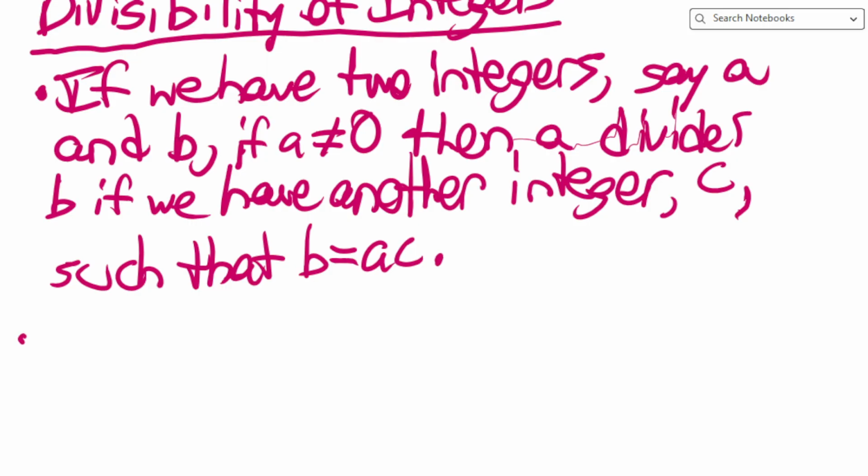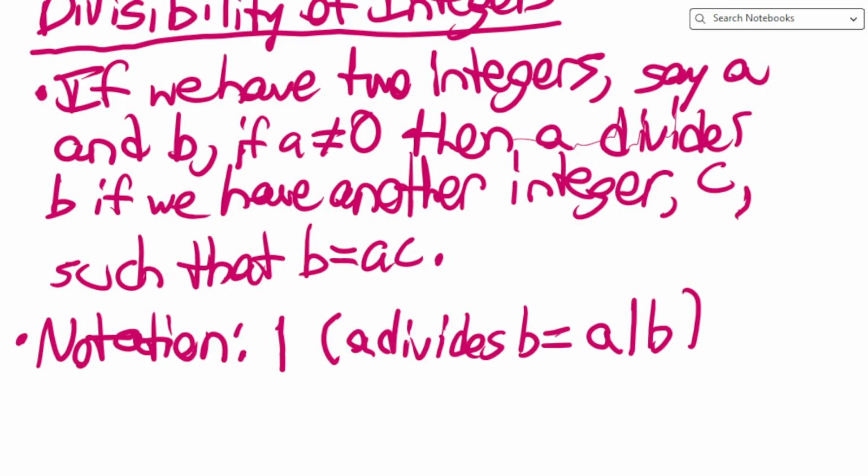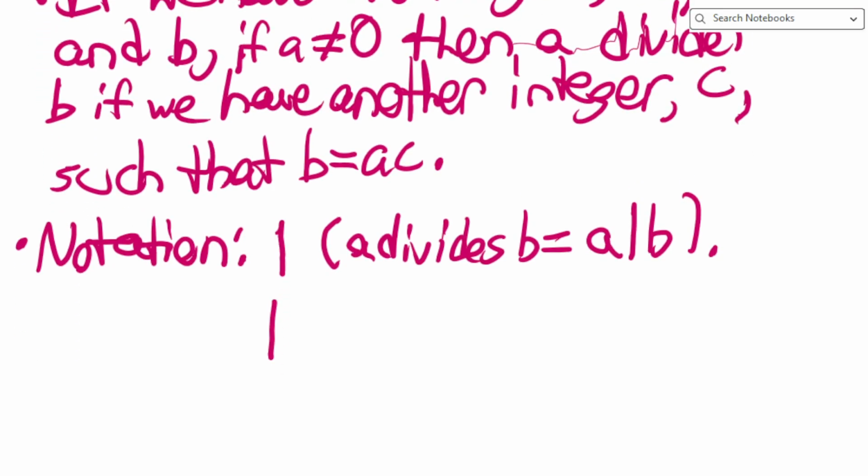So the notation for divisibility is just a straight line. So if we were going to write A divides B, we would do A, then draw our line, B. And then this is for when they do not divide.